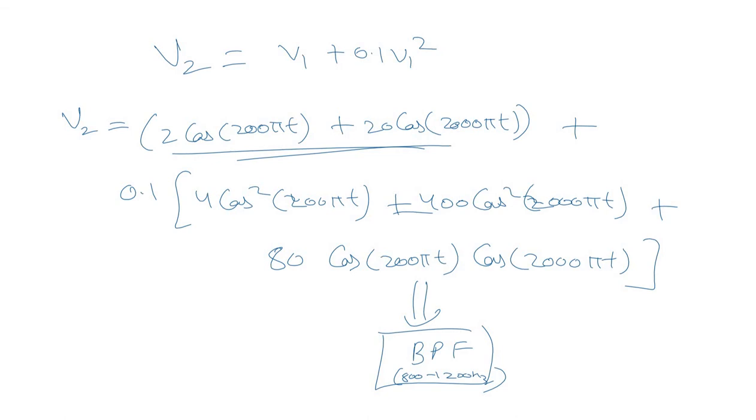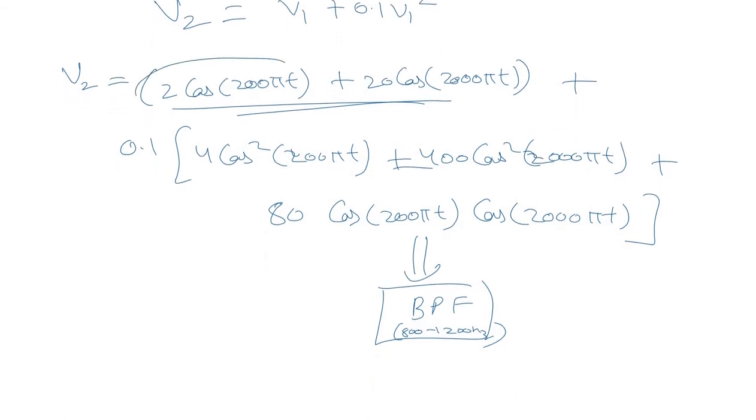Starting with the first term, that is 2 cos 200 pi t. The frequency component in terms of Hertz would be 100 Hertz, because in terms of angular frequency it is 200 pi, and 200 pi divided by 2 pi gives 100 Hertz, right? So this will not pass through the band pass filter because the passband is between 800 to 1200 Hertz.